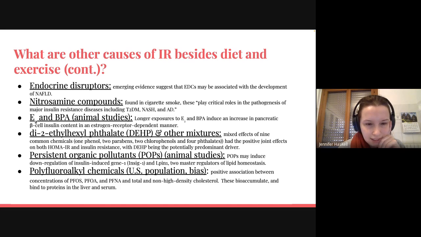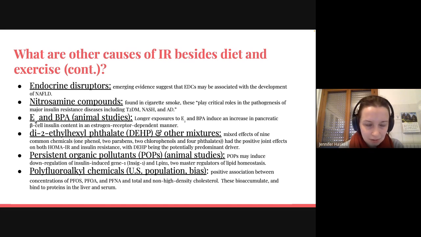The phthalates, and the study looked at mixtures of different chemicals. Because of course we're not just introduced to one thing at a time. We have these mixtures in our bodies, so it might have positive joint effects. Persistent organic pollutants. Some of these were just animal studies because you can't be testing these things on humans.